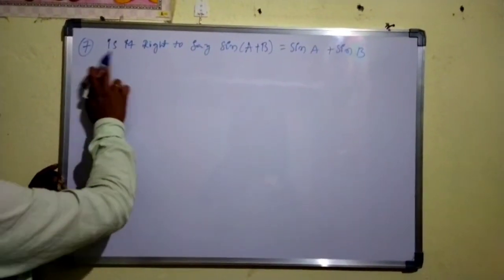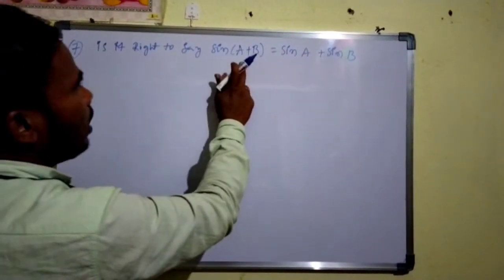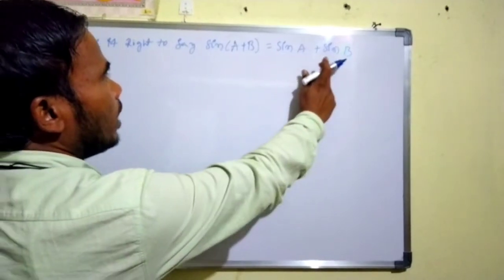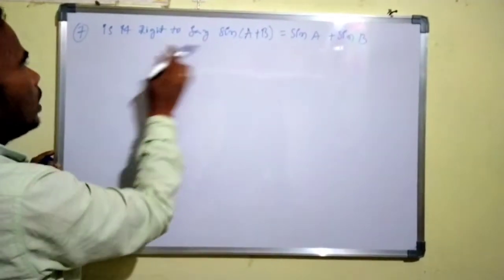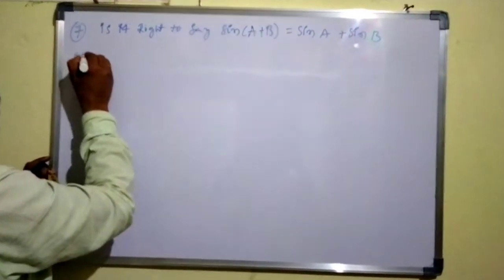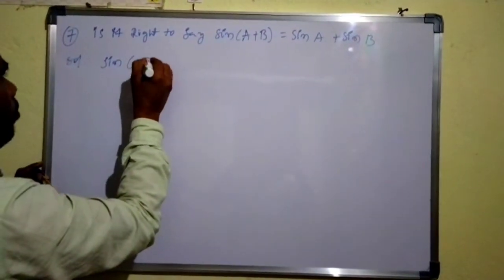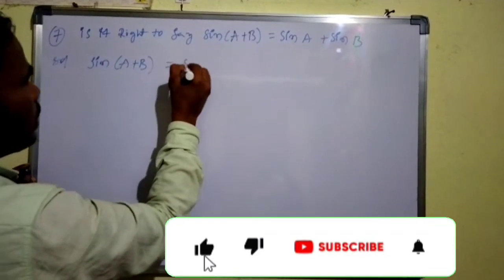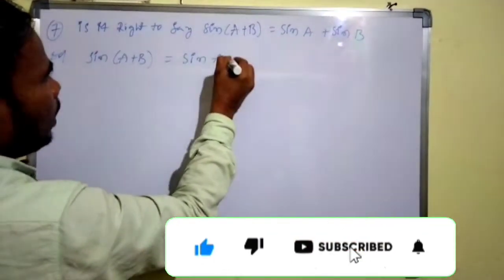So now seventh question: is it right to say sine of a plus b is equal to sine a plus sine b? So what is the solution? Sine of a plus b is equal to sine a plus sine b.